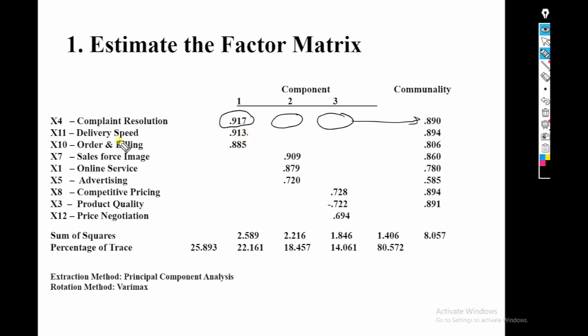In each row, for example in this second row, we take the square of this factor loading plus the square of this one plus the square of this one, and we obtain the communality. Communality tells about the variance, meaning this particular variable varies 89%.